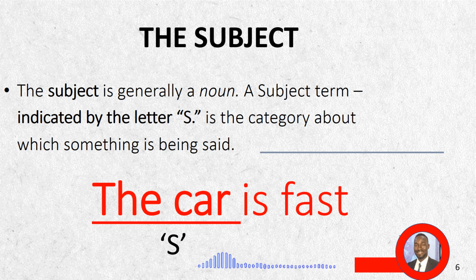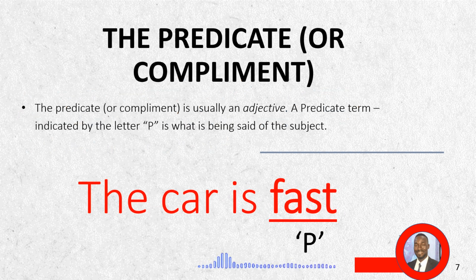The car is the subject, and the subject is generally a noun. A look at it, you'll see that the subject term indicated by letter S is the category about which something is being said. In this same example, the car is fast. The word fast is the predicate.